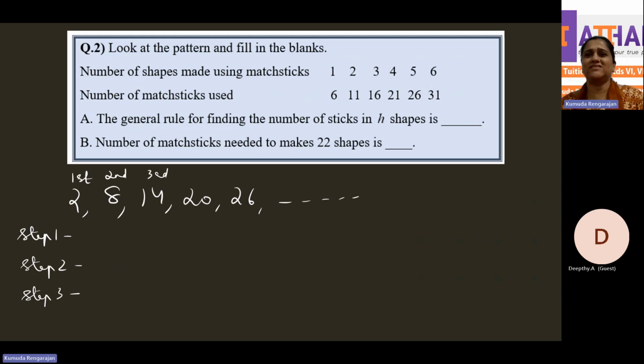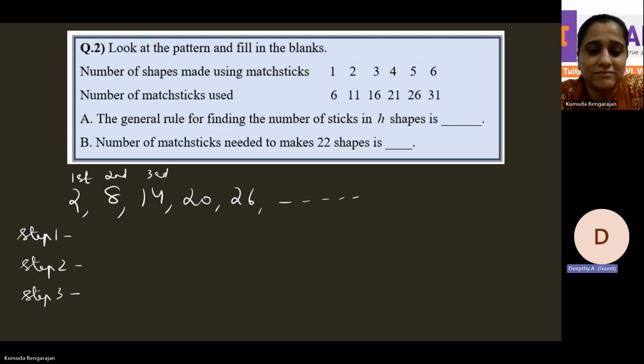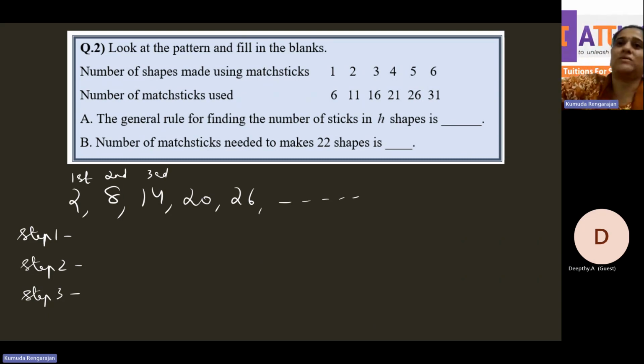Does it take this long, children? Deepthi, what's the rule? Okay, come and show me here. Write it in the book and come show me.